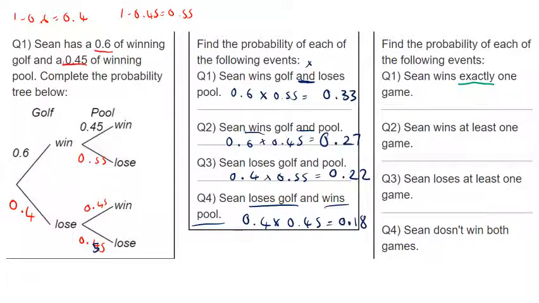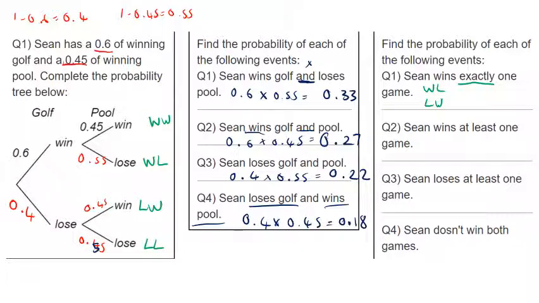So there's several ways that this could happen. Either he could win and then lose, or he could lose and then win. I'm just going to write these options here. So the options are win, win, win, lose, lose, win, lose, lose. So it's this option, win, lose, or this option, lose, win.